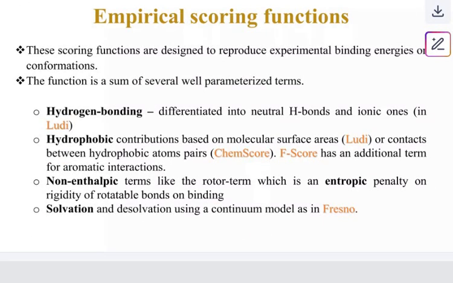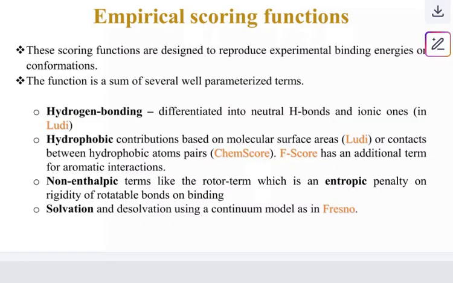Empirical scoring function. These scoring functions are designed to reproduce experimental binding energy or conformation. The function is a sum of several well parameterized terms. Hydrogen bonding is differentiated into neutral hydrogen bond and ionic one in LUDI. Hydrophobic contribution is based on the molecular surface area and contact between the hydrophobic atom pairs.